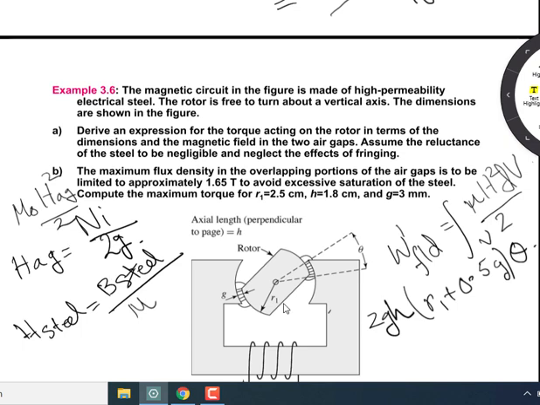Then this will give us the expression of co-energy. It's a complicated equation. Let me write it.